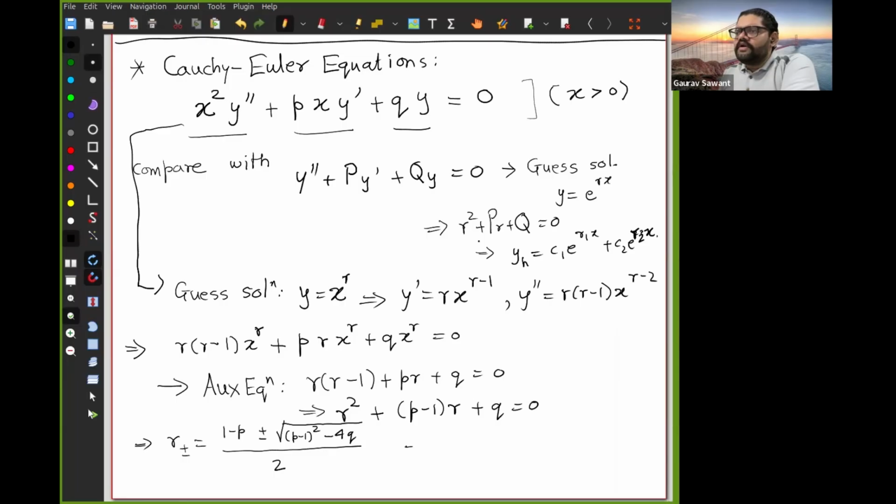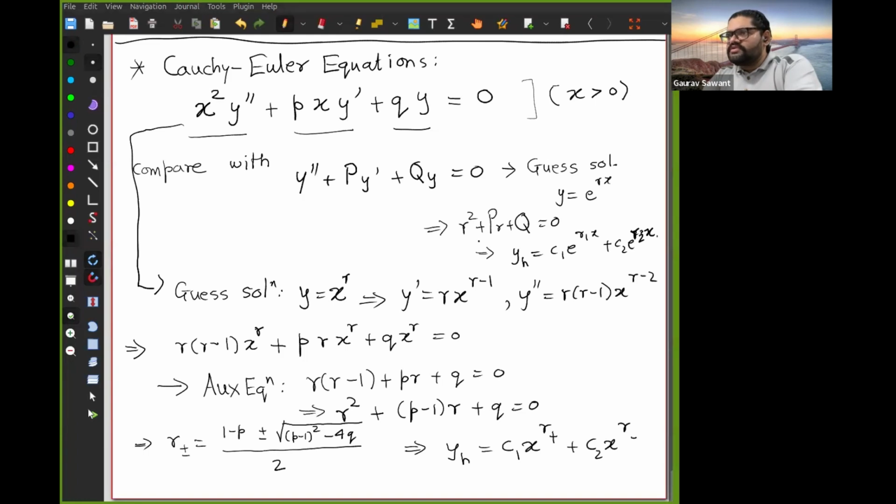And then correspondingly, my y homogeneous would be of the form C1 x power r plus plus C2 x power r minus. All right. So this again has its own interesting things. So let's look at a couple of problems and then we will close the session actually.